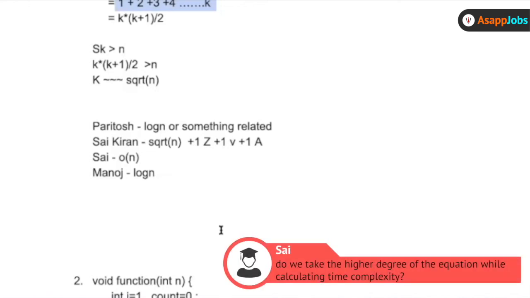If you take k square plus k by 2, we ignore k by 2 in that case. In the case of time complexity, if you have a polynomial equation, you always consider only the highest degree part. The remaining things you can ignore because those will be insignificant over a longer range of data.